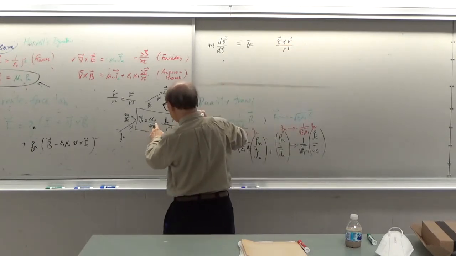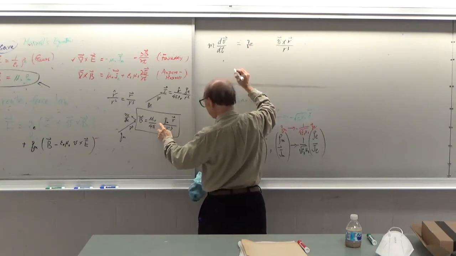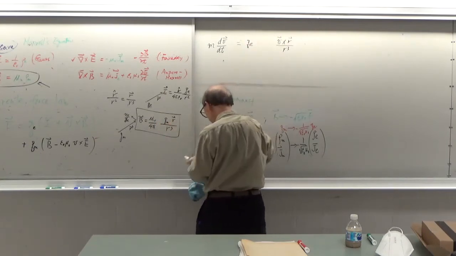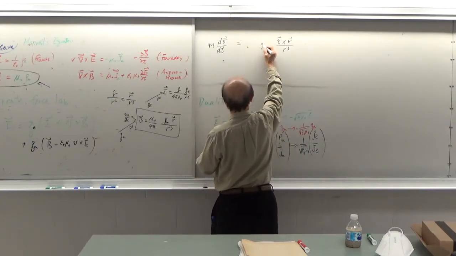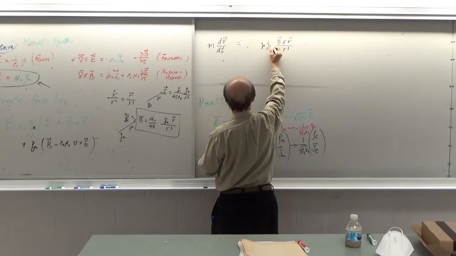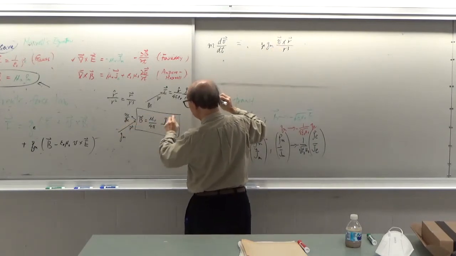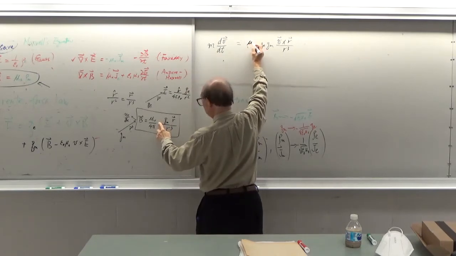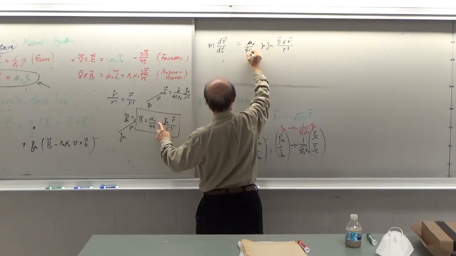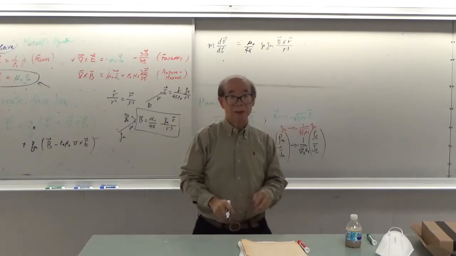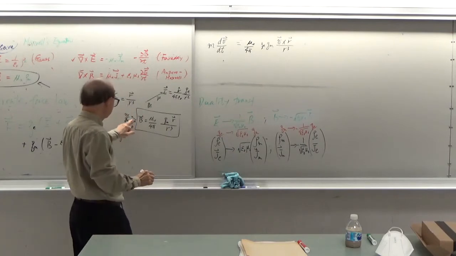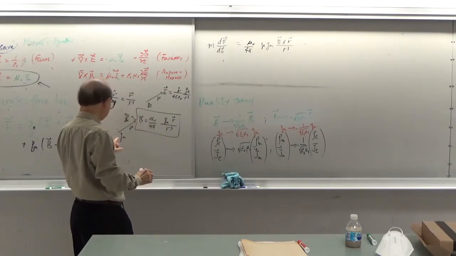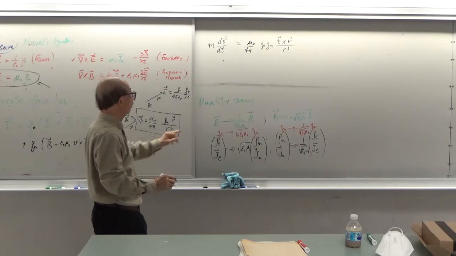And then I have this q_m q_e, and then I have this factor of mu naught over 4 pi. That's the equation of motion for this electrically charged point particle with mass m moving around a magnetic monopole. Okay?